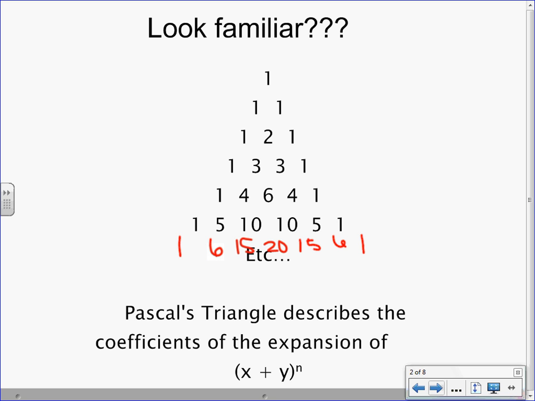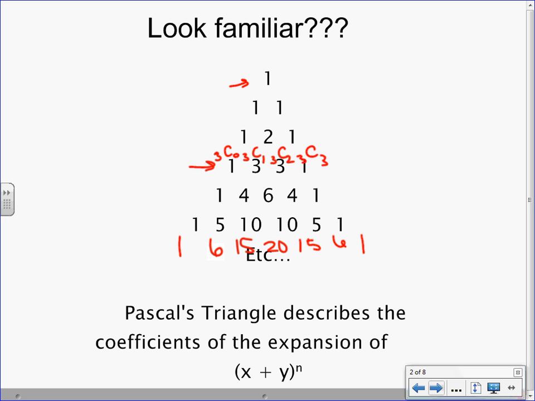Okay. Well, since this we count as row 0, this we count as row 3. This is combination 3 choose 0. Combination 3 choose 1. Combination 3 choose 2.